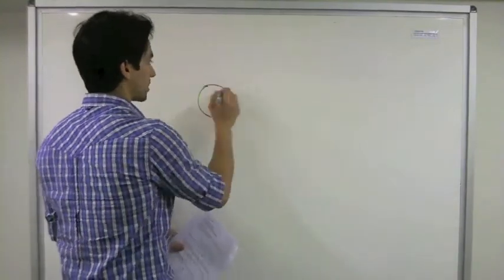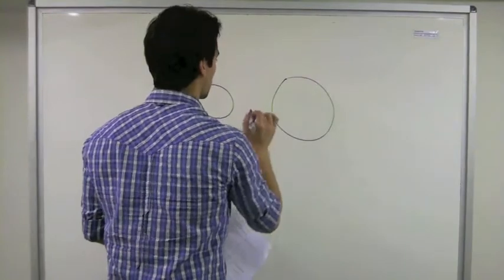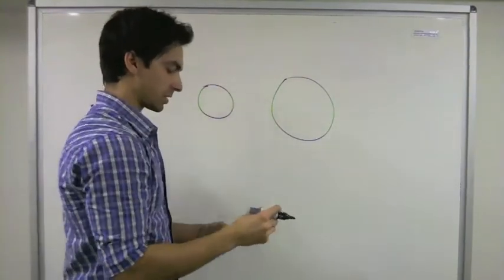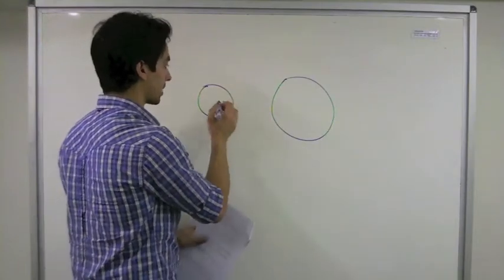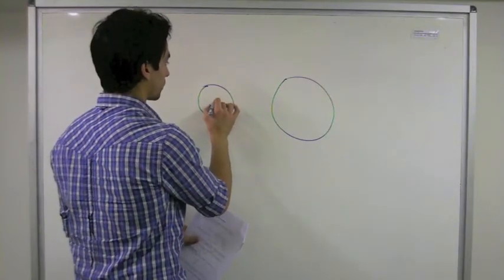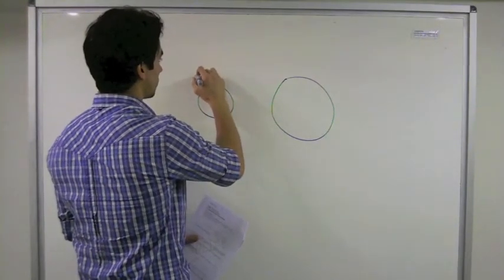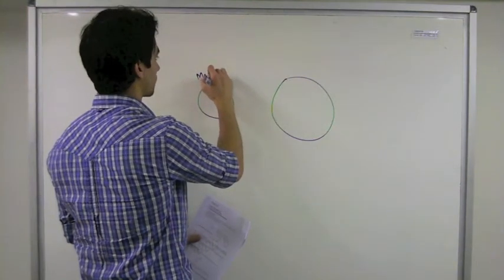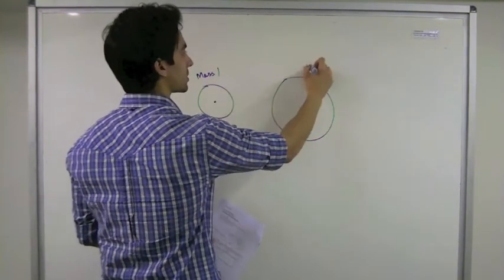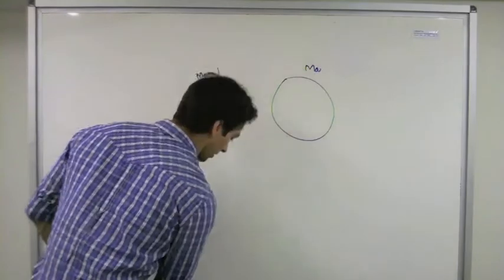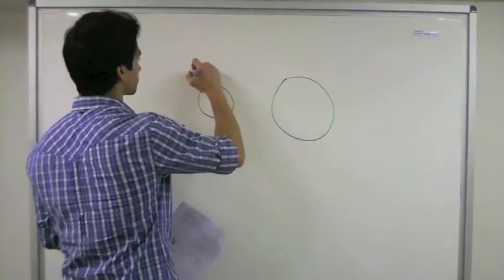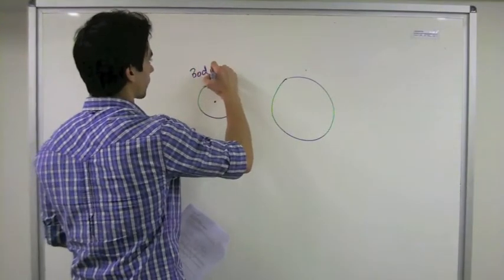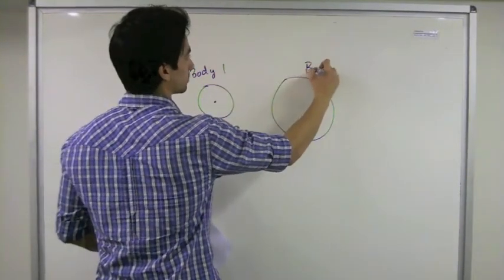Any two objects with mass in the universe will basically exert a force of gravitation on each other. Let's call this body 1 and body 2.